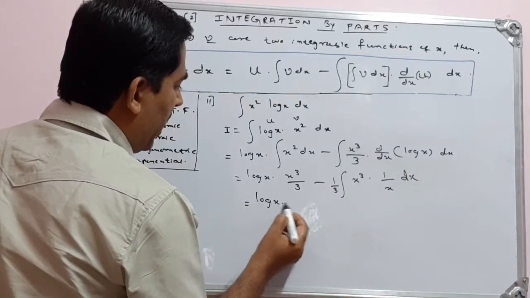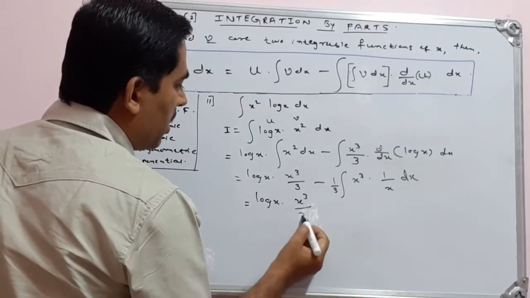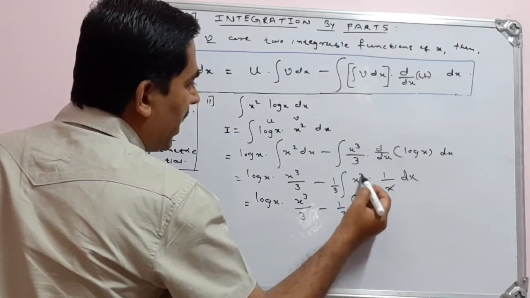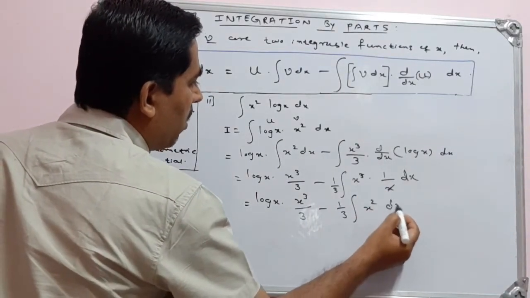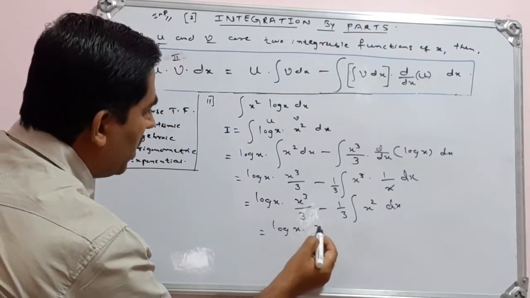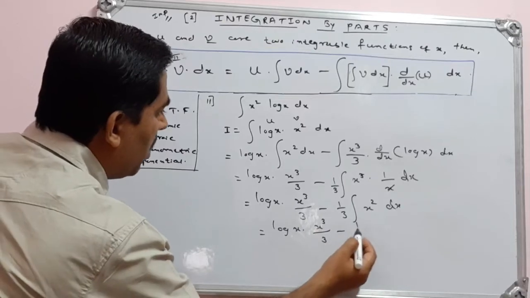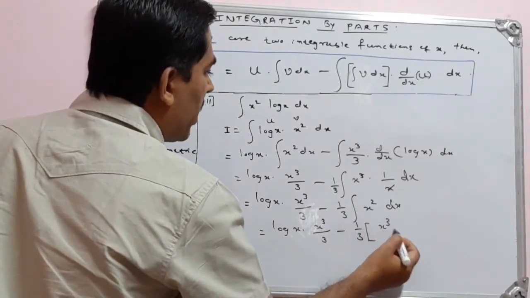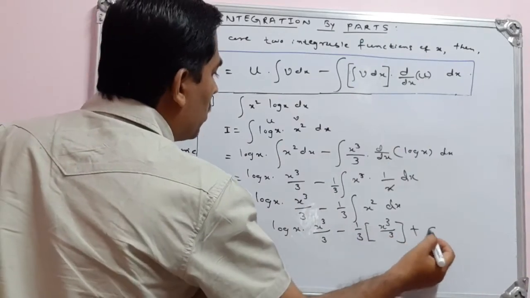We can write it directly also: log x into x cube by 3 minus 1 by 3 into integration of, the x gets cancelled here, I get x square with respect to x. Then I can write log x into x cube by 3 minus 1 by 3 into integration of x square, which is x cube divided by 3. So my integration is over.